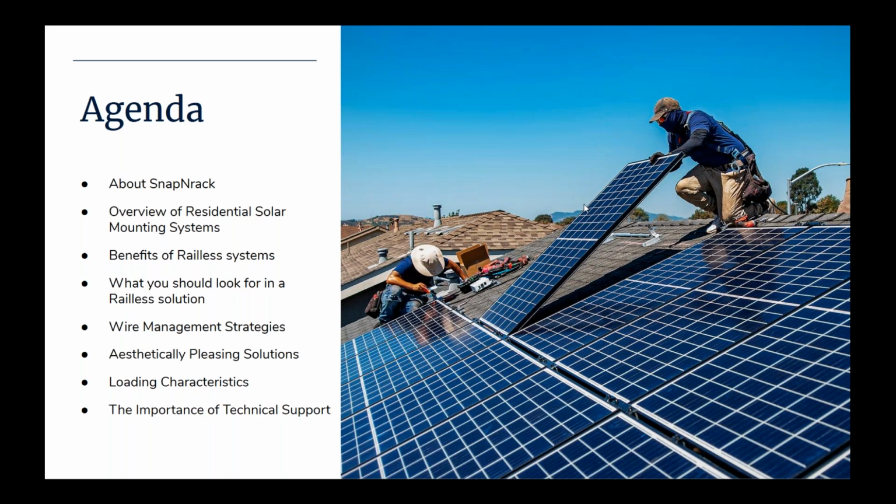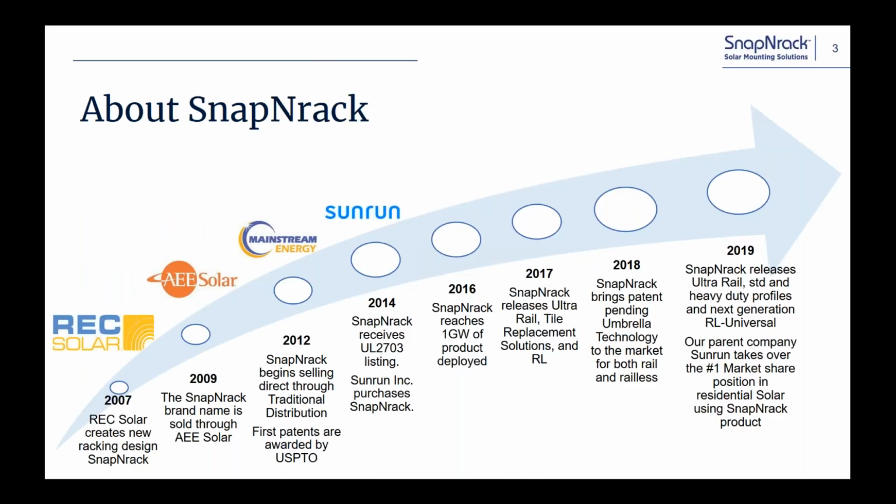We'll talk about wire management, aesthetics, and there's a little load characteristics chart for our system at the end of this presentation. And then the importance of support, training support, technical support, online support, whatever a company might need. All right, let's get going.